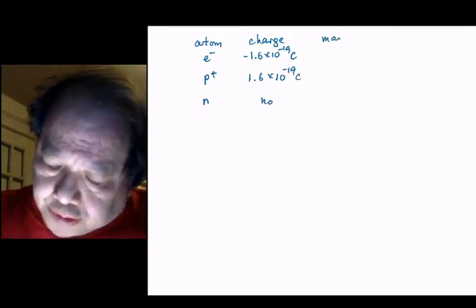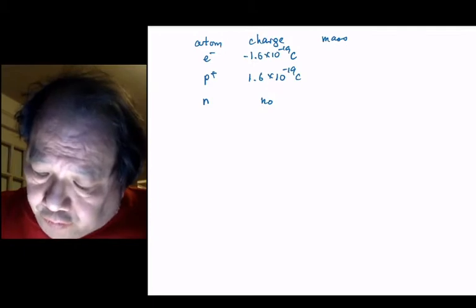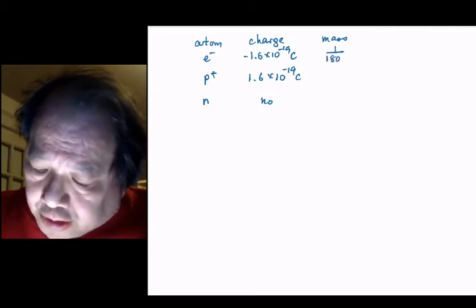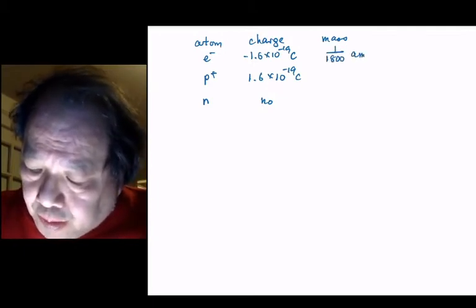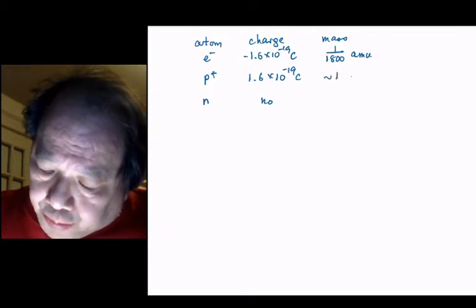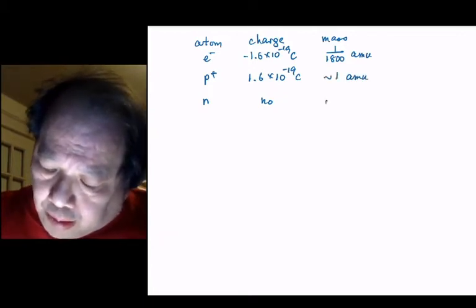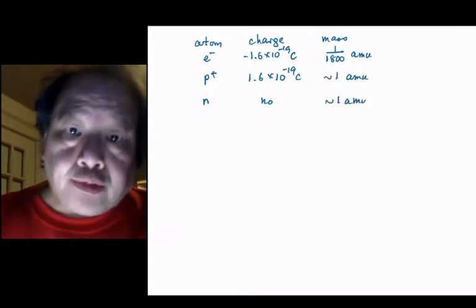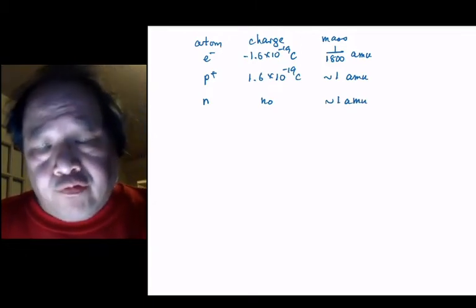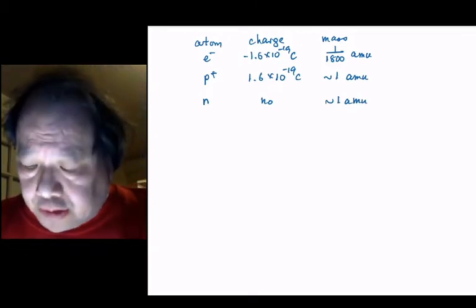The electron mass is very light, 1 over 1,800 AMU, while protons and neutrons are around 1 AMU each. And when you look at this data, it's a little surprising.